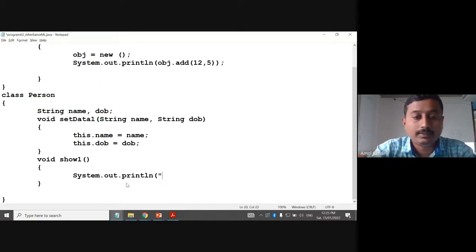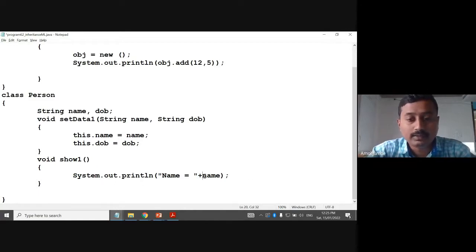So here we will give a message: employee name equals to plus name. Okay, you can write this dot name also, no problem, but there is no confusion here so you can omit it.